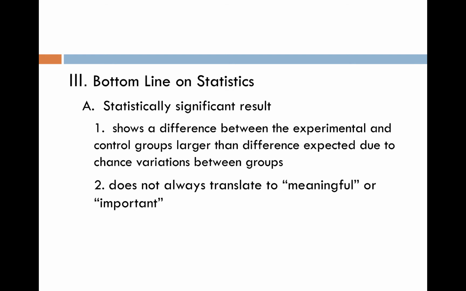However, it does not always translate to something that's meaningful or important. It's something you want to keep in mind in terms of statistical significance. It's also not a measure of accuracy of the experiment.